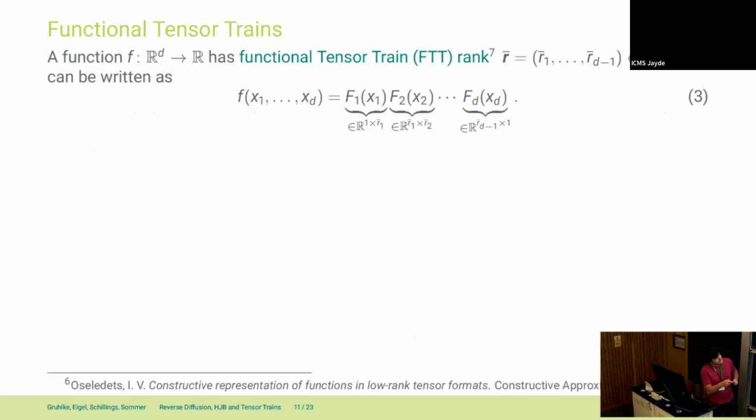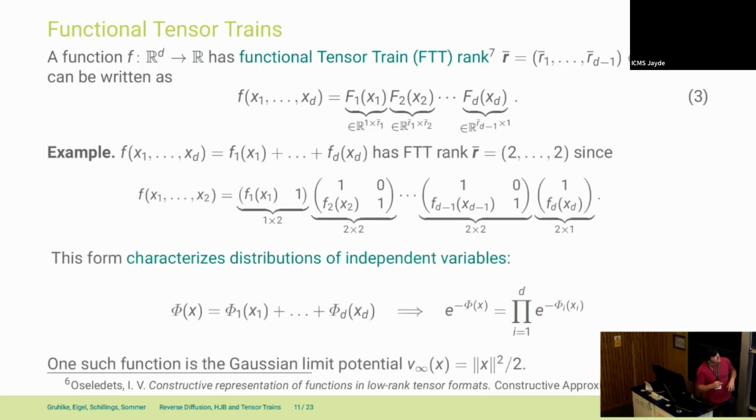With this contraction of rank 1, it contracts with this component of this function, and so on and so on. Yeah. So you can think of it as a generalization of singular value decomposition in function space to the high dimensional case, right? The remark: SVD does not generalize to the high dimensional case in a closed model class. Yeah. So this is a closed model class, important for the optimization.